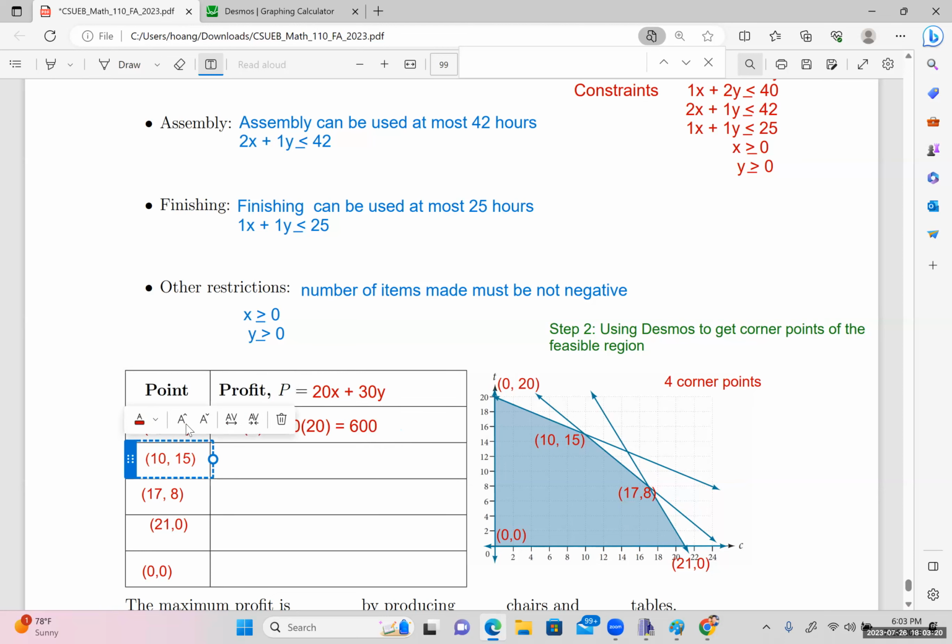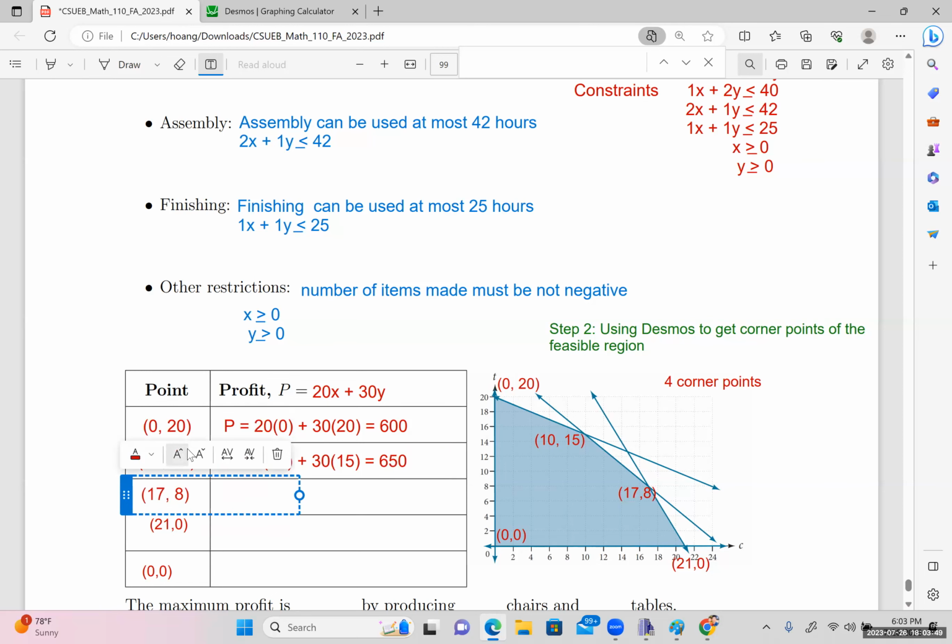What about this one? This one will give us profit equal to 20 times 10 plus 30 times 15. Try that on the calculator, you will get 650. Oh, okay, higher. All right.